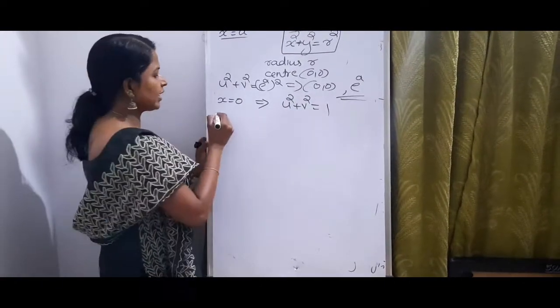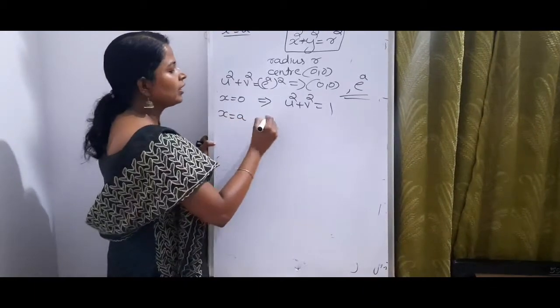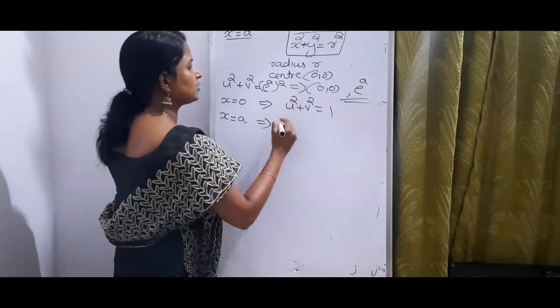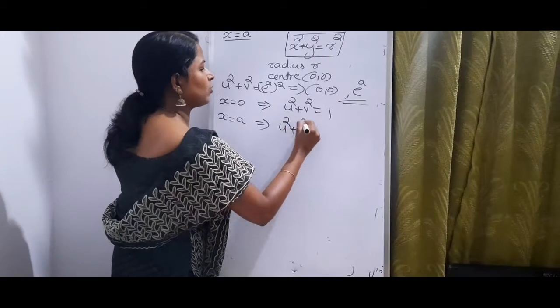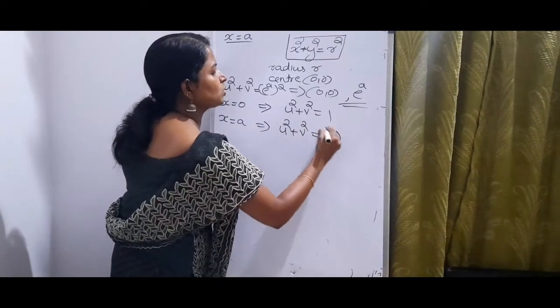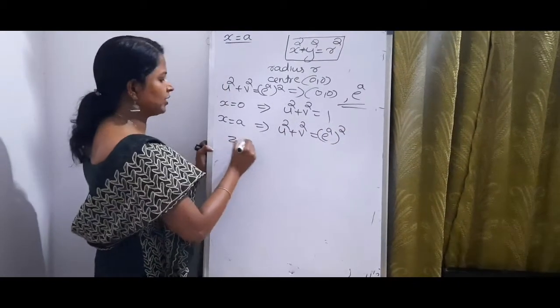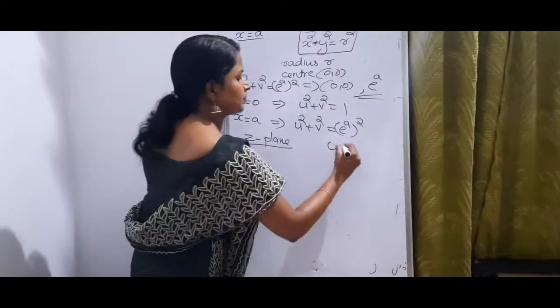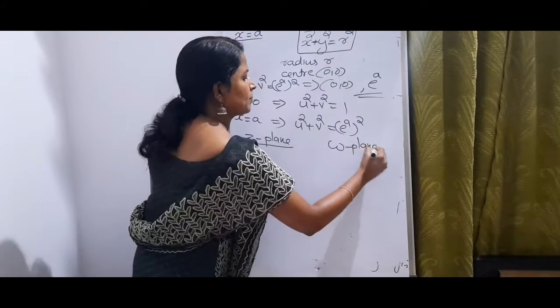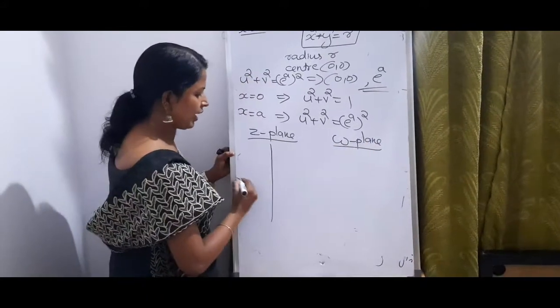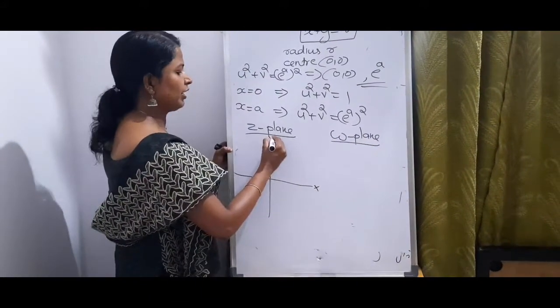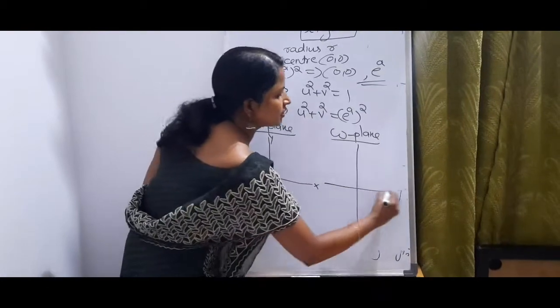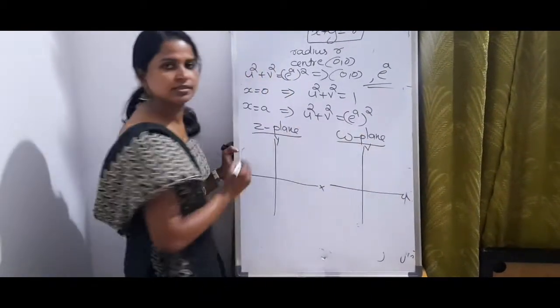Second case x equal to a implies u square plus v square equal to e raised to a the whole square. Then z plane and w plane. X axis, y axis. Here u axis and v axis.